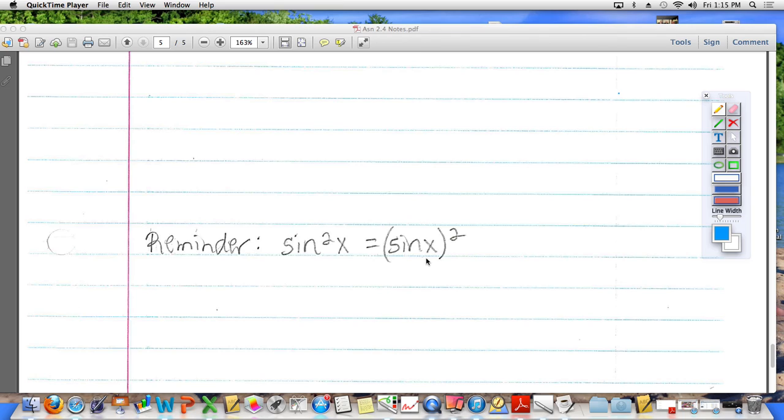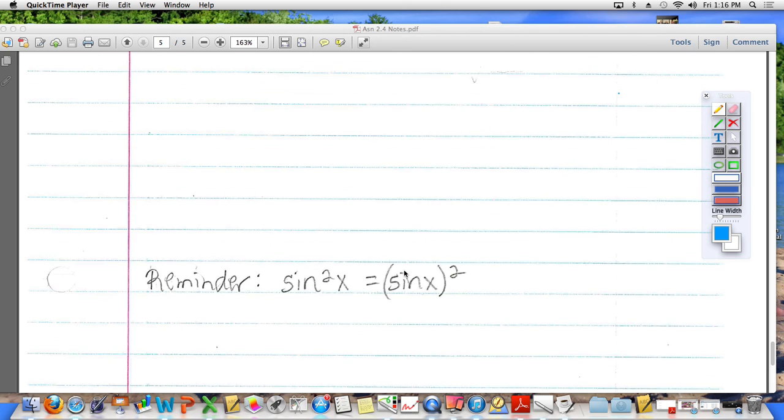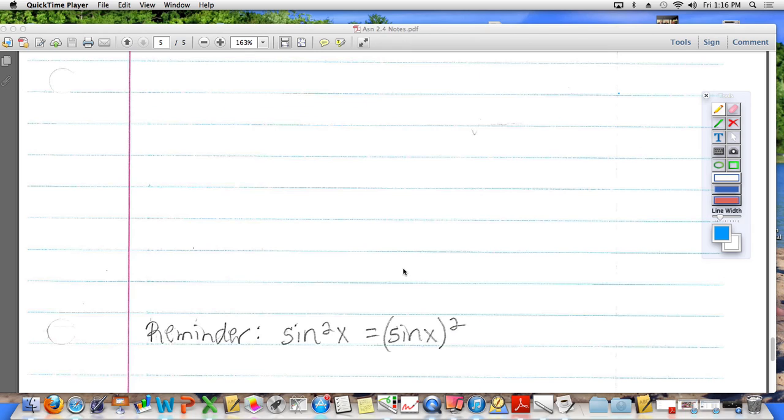Well, what is the derivative of sine of x, just without talking about the chain rule? Cosine of x. Okay, so you would call u the sine of x, and then the derivative of u would be cosine of x. I don't think those are a huge deal, but I know a lot of people will forget that sine squared of x really means the sine of x squared.